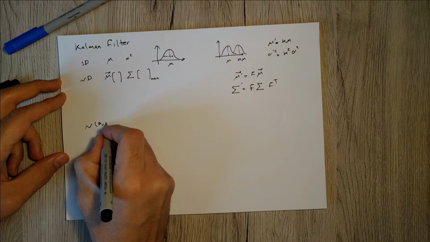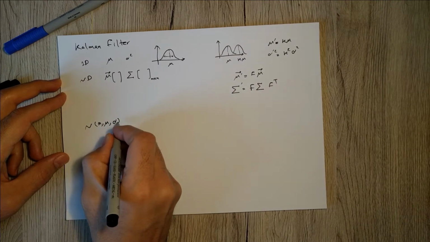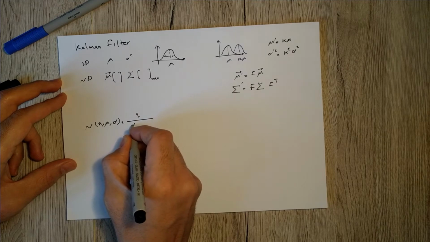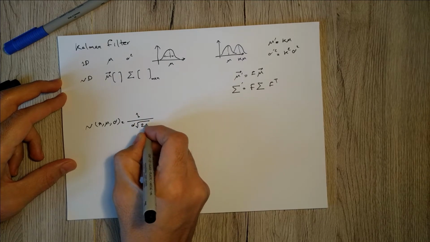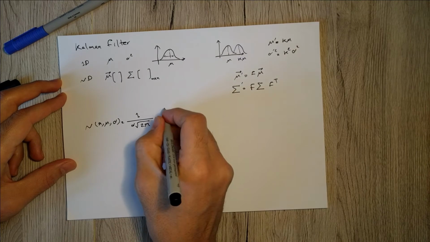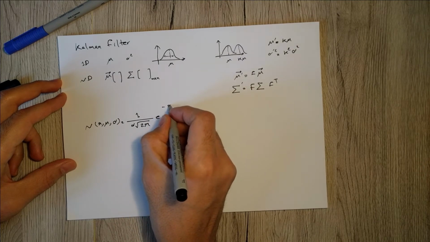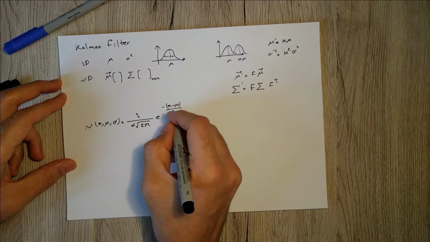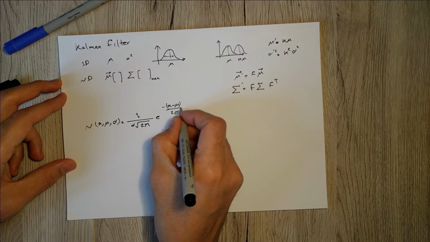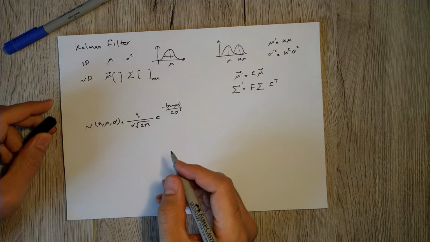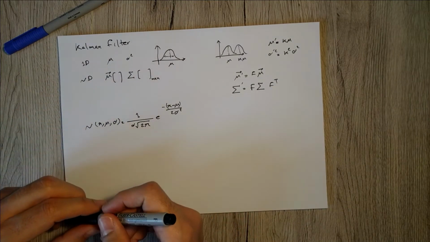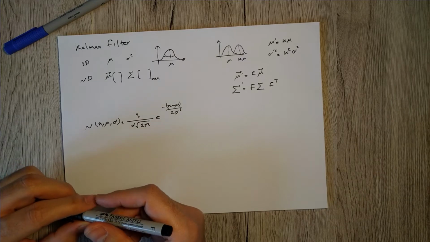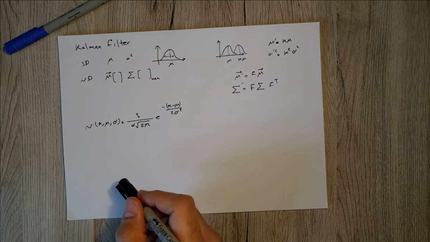So you have something like this. Okay, so you will do a measurement and you will have another belief.